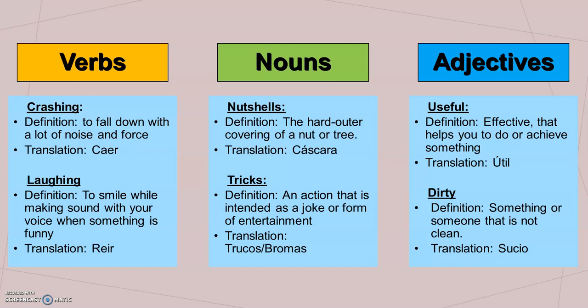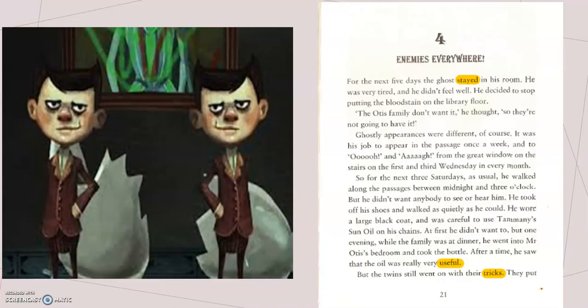Useful is something you can use. Útil. Yes. And dirty, something or someone that is not clean. The opposite of clean is dirty. Okay. Opposite. Antonyms, right?